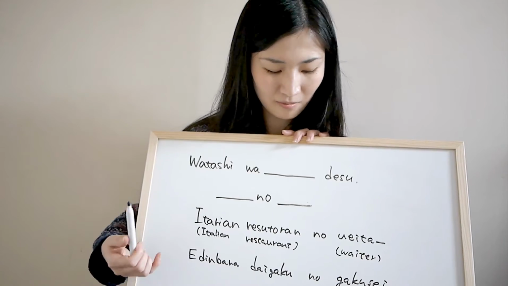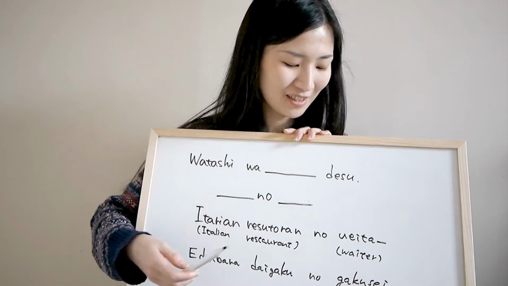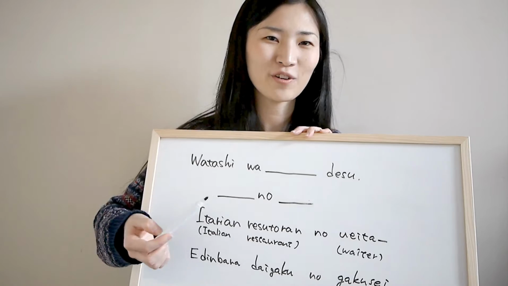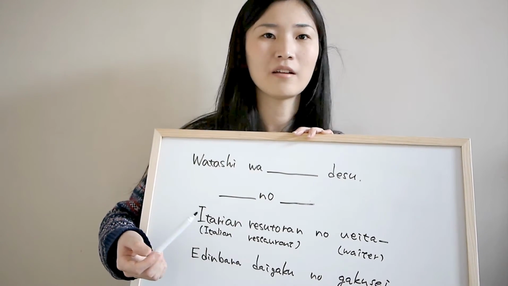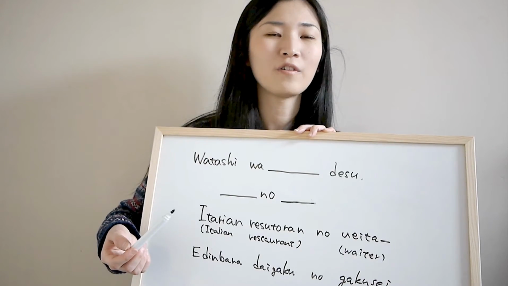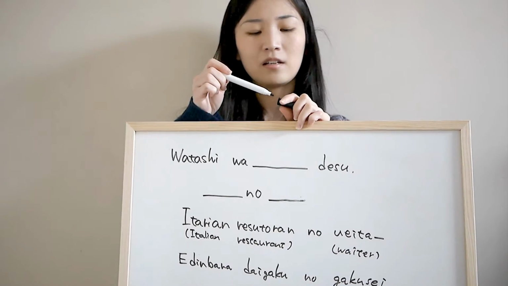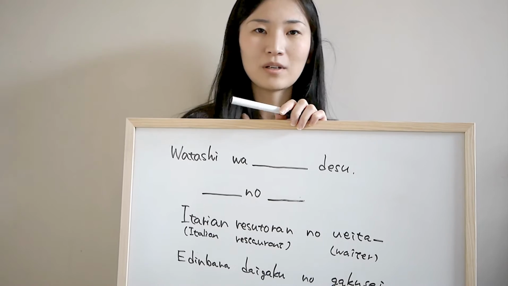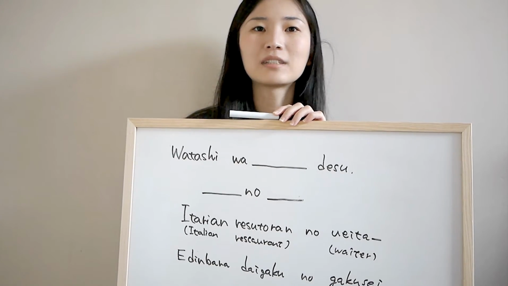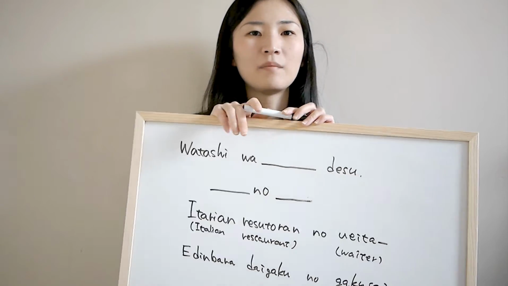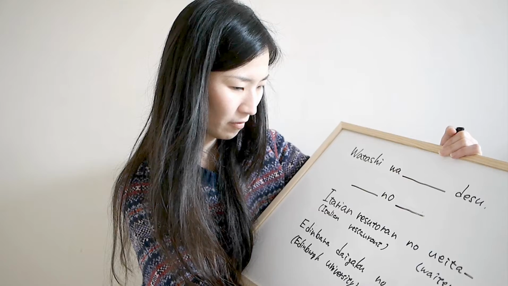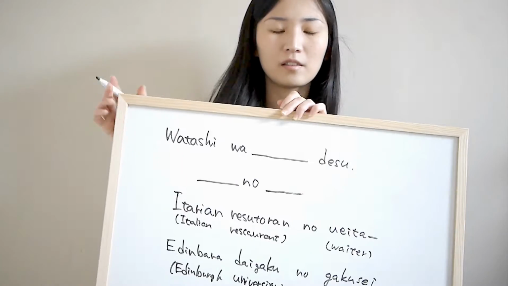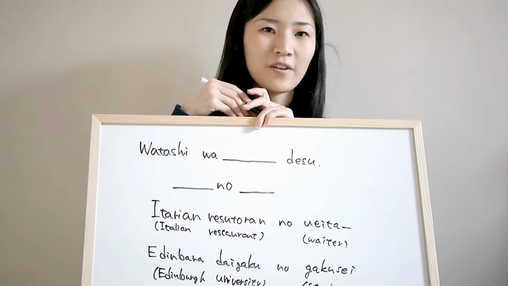I studied in Edinburgh University, so I was once a student of Edinburgh University, so I wrote エディンバラ大学の学生, which means a student of Edinburgh University. So I can say 私はエディンバラ大学の学生です, which means I am a student of Edinburgh University.